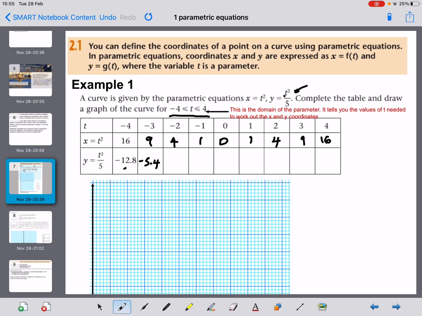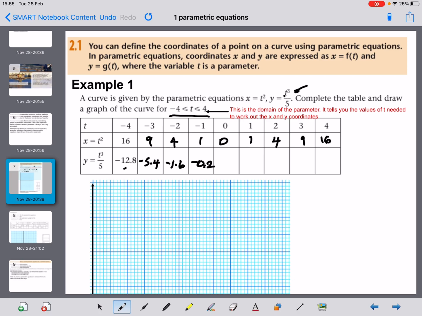When t is -2, y is -2 cubed, which is -8, divided by 5 is -1.6. When t is -1, y is -1 cubed, which is -1, divided by 5, which is -0.2.